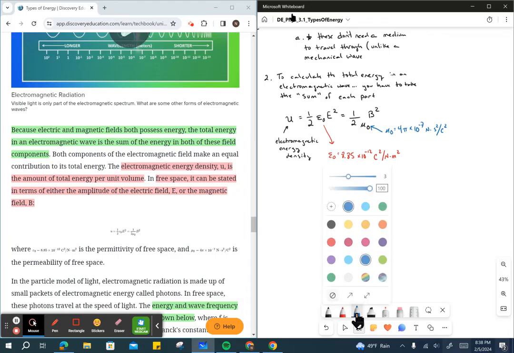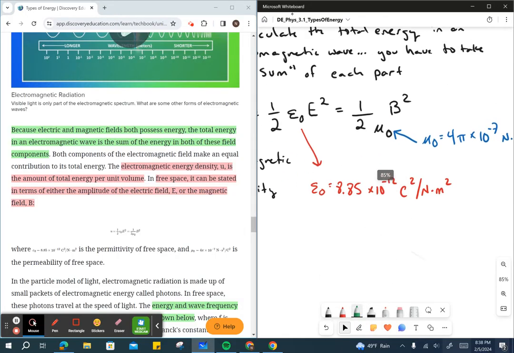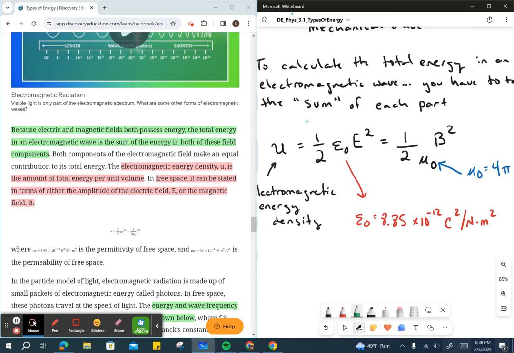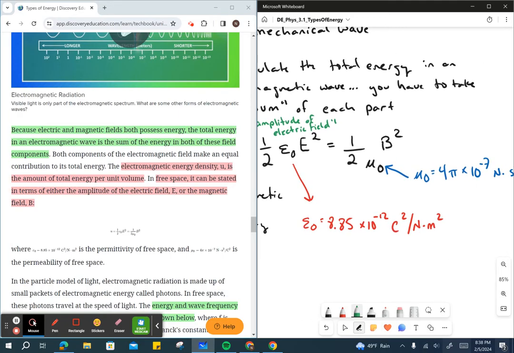And we can speak of these in terms of the amplitude of the electric field, or we could speak of it in terms of the amplitude of the magnetic field.